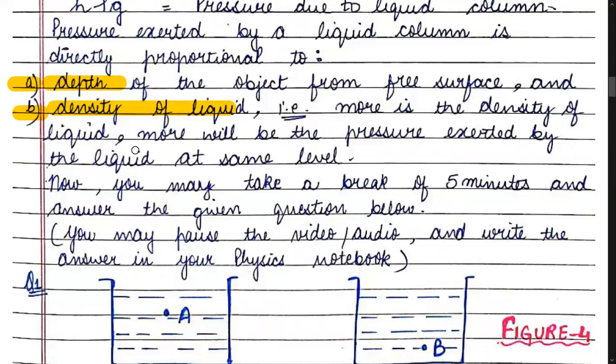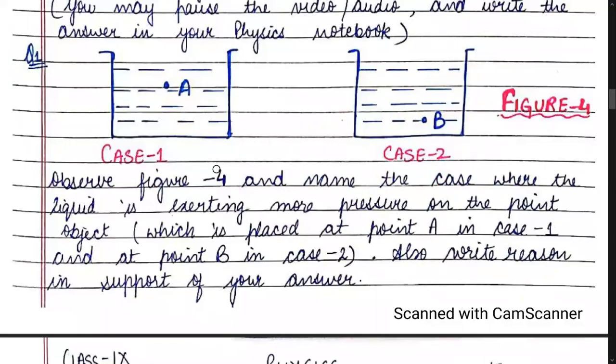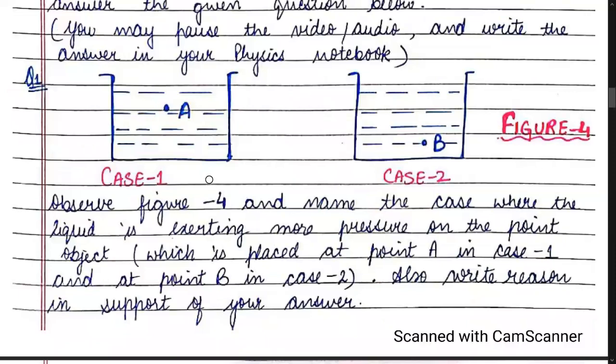So now students, you may take a break of 5 minutes and answer the given questions on page number 2 of your PDF. So children, in figure number 4, you can see two cases, case 1 and case 2. Now observe this figure. You can see there is a point A and B in the two containers.